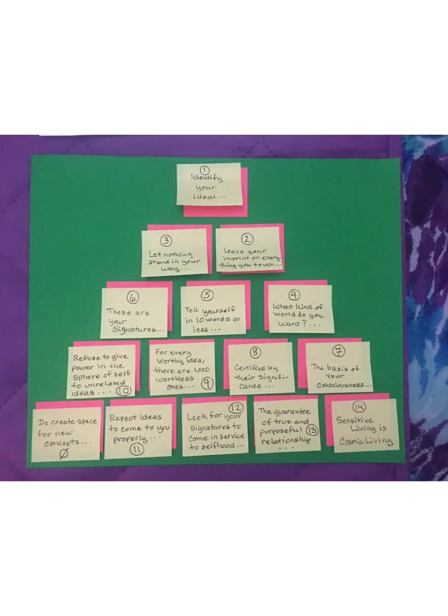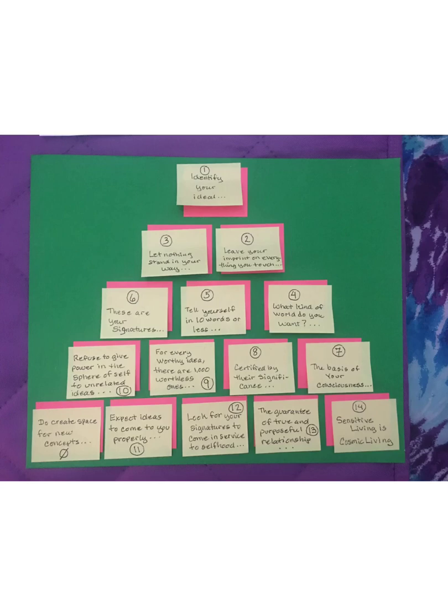Number eight, they are certified by their significance to you. Number nine, for every worthy idea, there are 1,000 worthless ones. Number ten, therefore refuse to give power in the sphere of self to unrelated ideas. Number eleven, expect ideas to come to you properly.